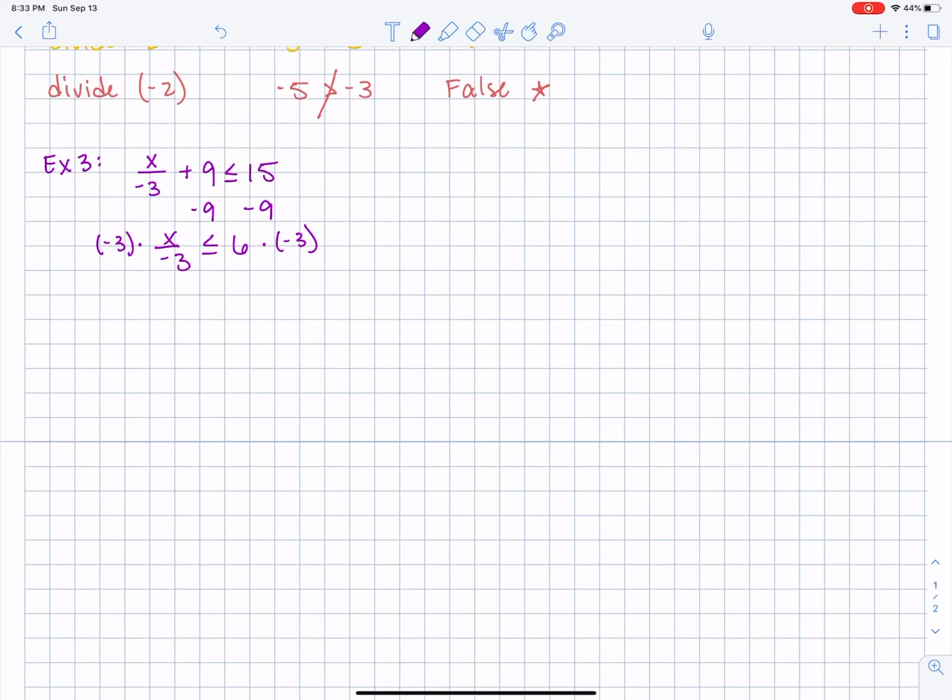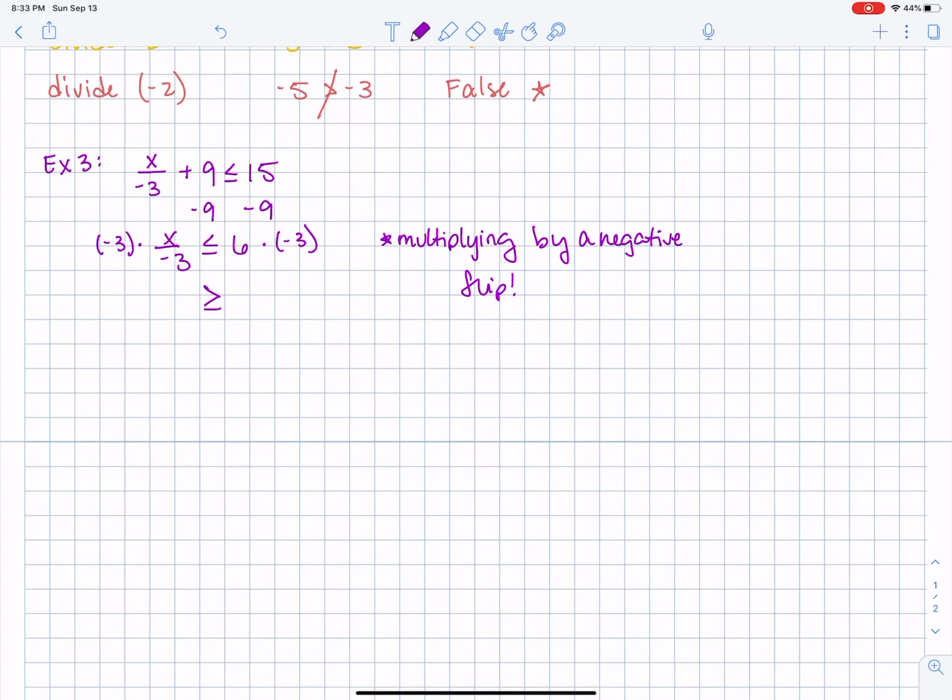And this is that part where I am multiplying by a negative. So this is the step where I need to flip my inequality. So the first thing that I'm going to do is I'm going to flip this inequality. I still keep the equal sign on here because that's part of the inequality.